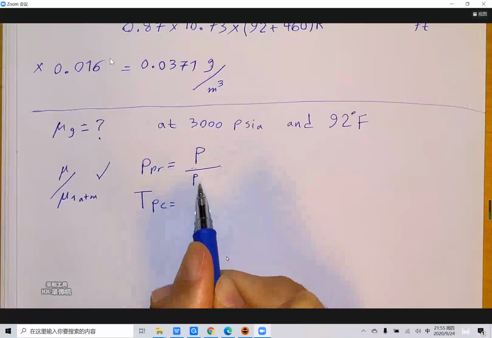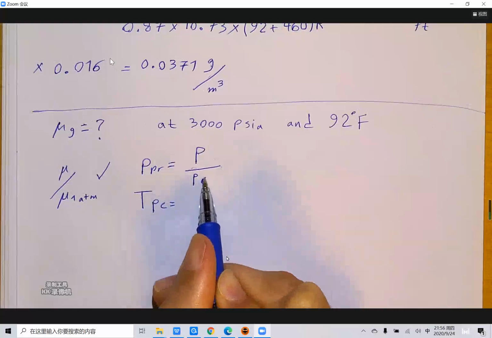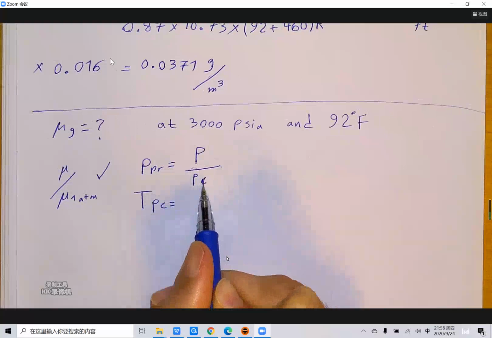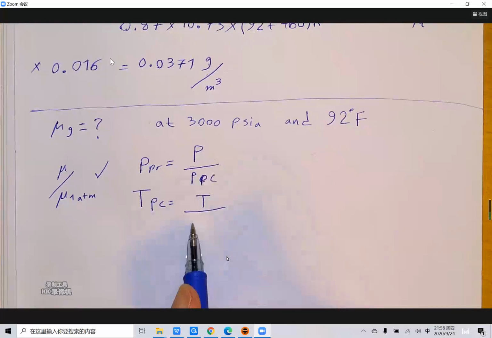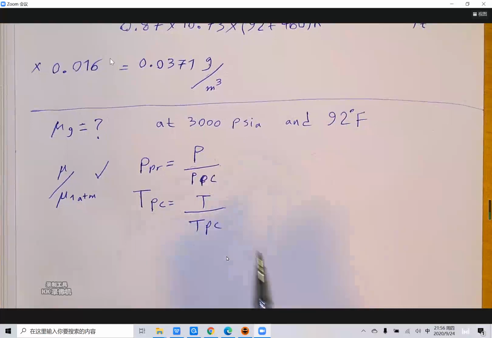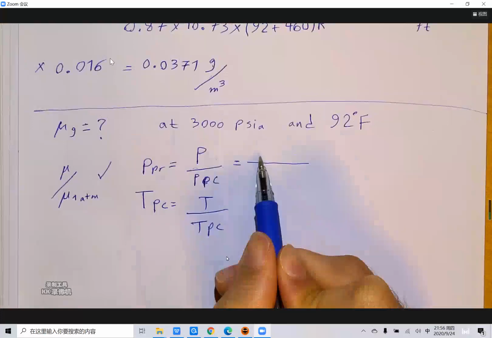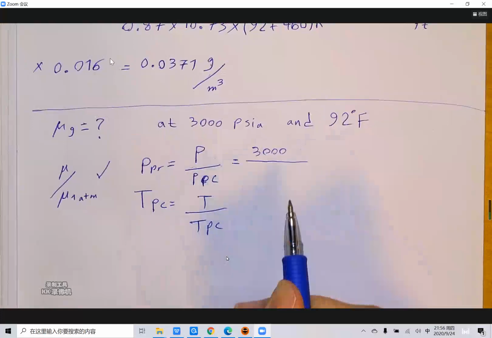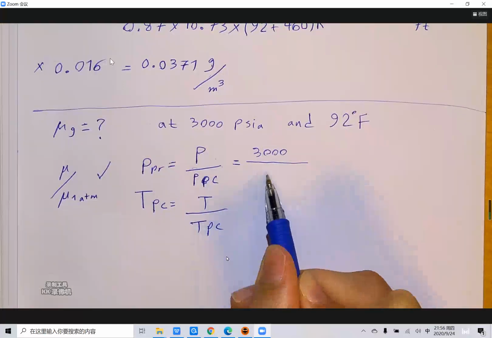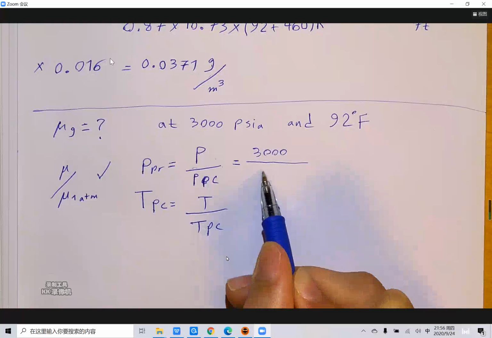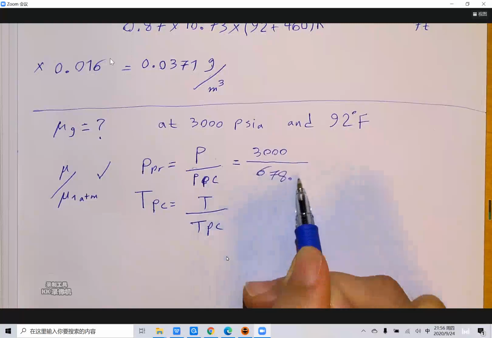So the pressure is 300 psia, and the pseudo-critical pressure that we found previously is 678.92.